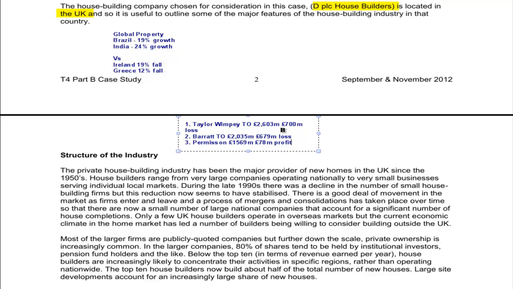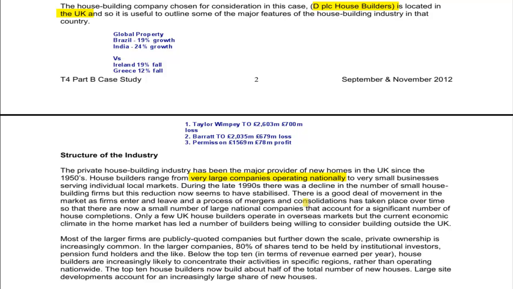Whereas in actual fact, if you look down the top 20 house builders in the UK, you see that well over half of them are loss-making, and those that are profit-making are only making very, very small profits. So what does this mean then? One thing for us to bear in mind here is that we have some very significant large companies operating nationally in the UK.